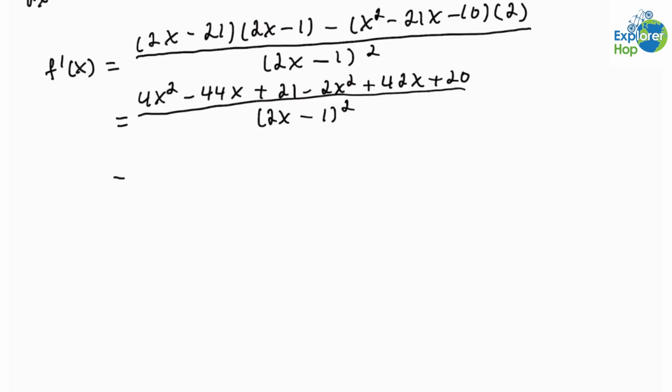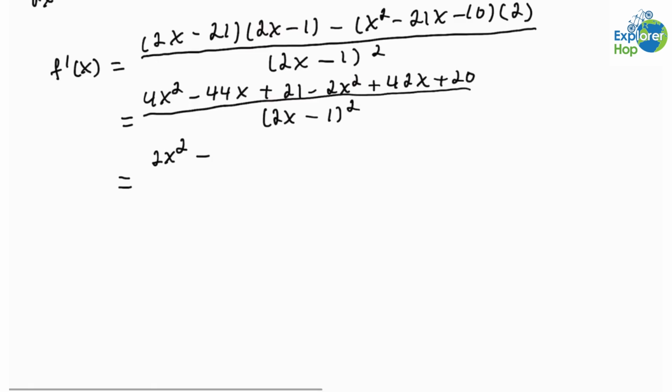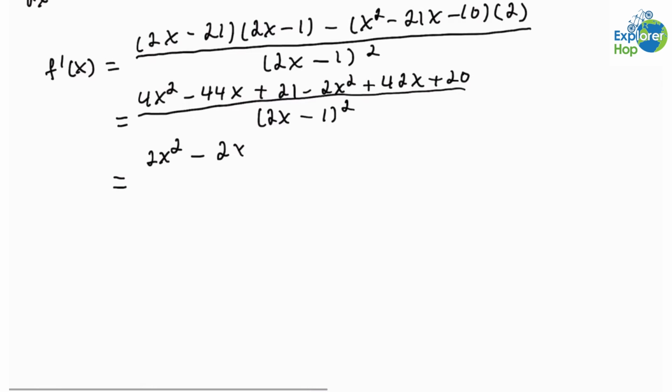And this is equal to 2x squared minus 2x plus 41 all over 2x minus 1 squared.